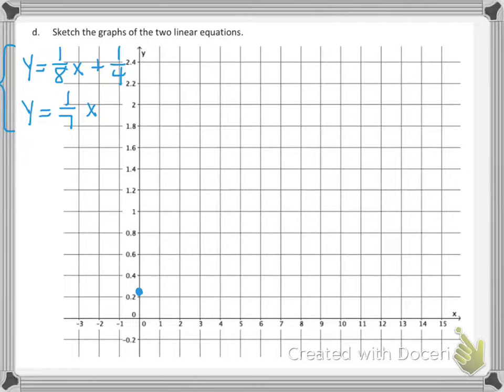So 8 is here, 1.25. My next point is going to be right about there. And then I can draw a line between those two. So there is the graph for our first runner, Jessica.